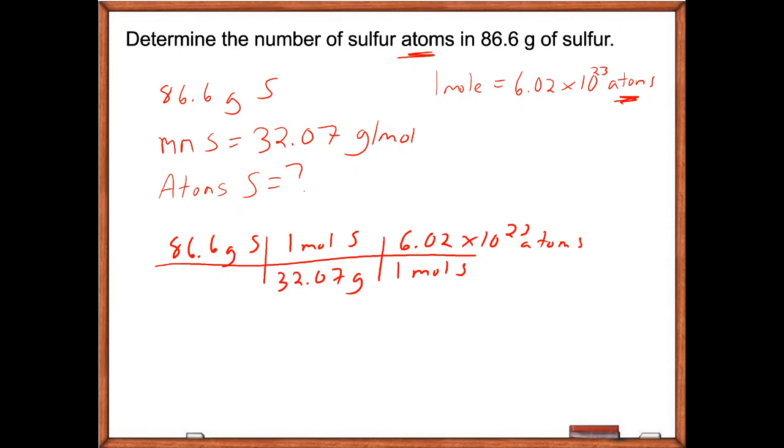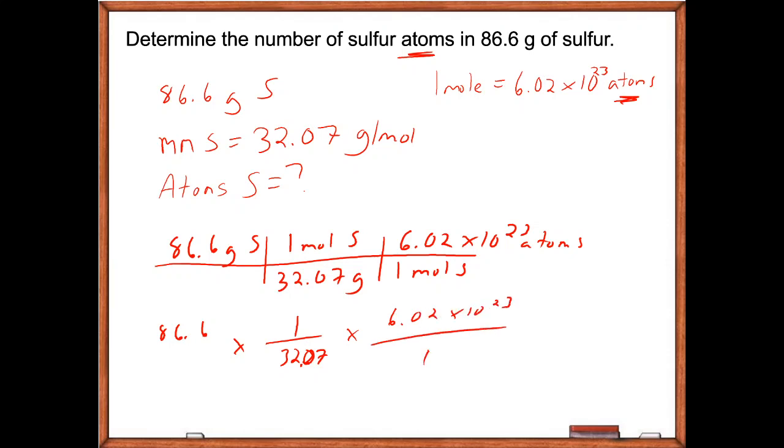Okay, so if I'm going to plug this into my calculator, I'm going to do 86.6 times 6.02 times 10 to the 23rd divided by 32.07. Or remember, you could do this another way, 86.6 times 1 over 32.07 and then times 6.02 times 10 to the 23rd.